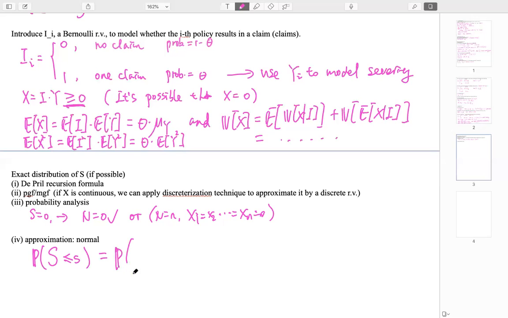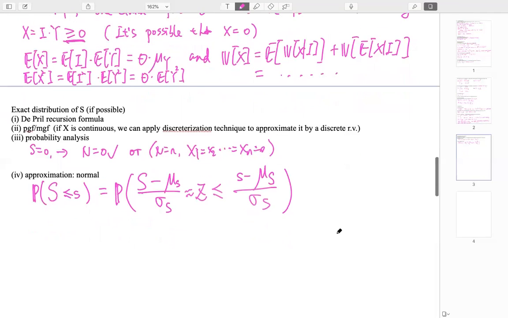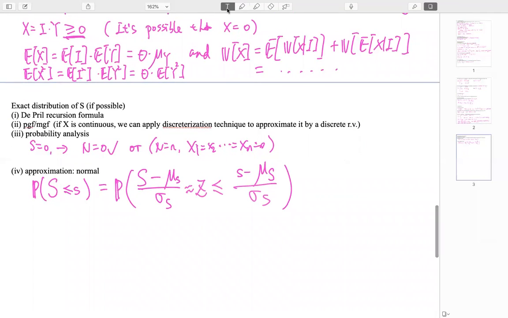So what you can do is you apply the normal, so this is close to a standard normal less than (s minus mu s) divided by sigma s. Right? This usually will get to the result a lot quicker than any other methods. And if your small n is big enough, usually the approximation is reasonable, if not too accurate.